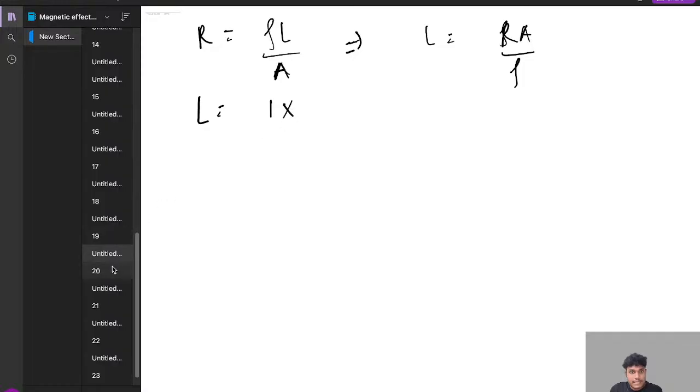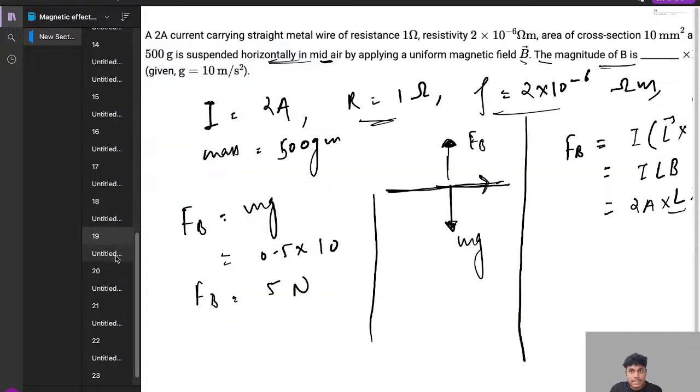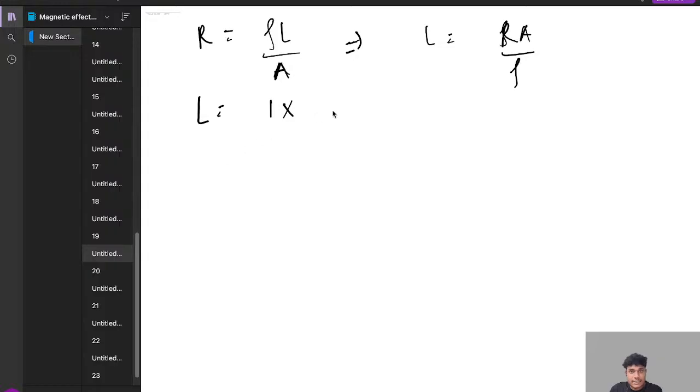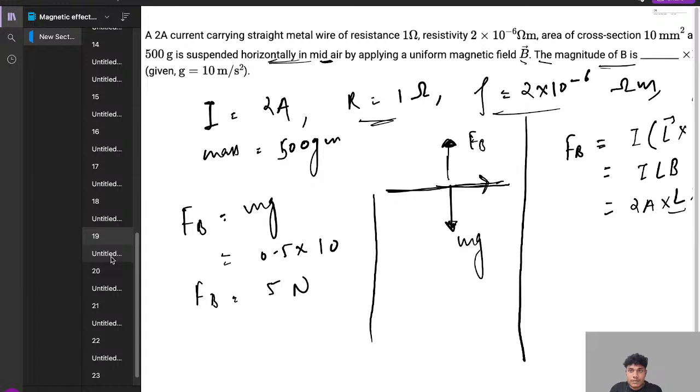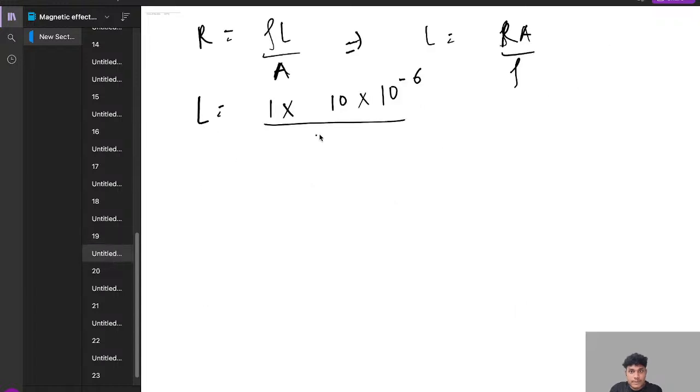What is area? That is 10 mm square, that is 10 raised to power minus 6, upon rho. What is our rho? That is 2 into 10 raised to power minus 6. I put the values. From here we get L is equal to 5 meter.